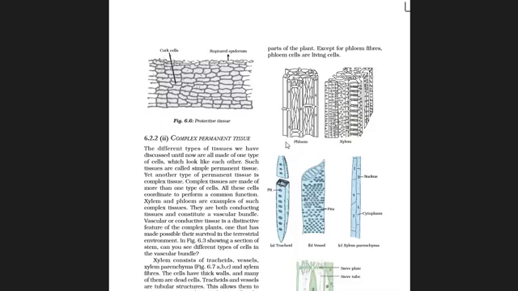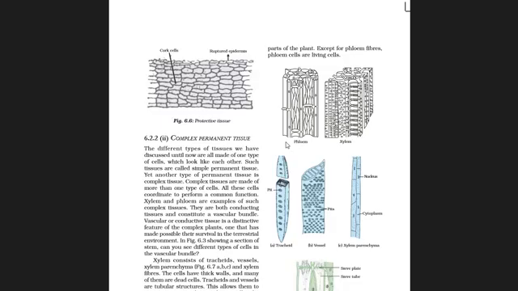Because we all know, where does photosynthesis take place? Mostly in the leaves. So from leaves, it is transported to other parts of the plant. Is it clear?